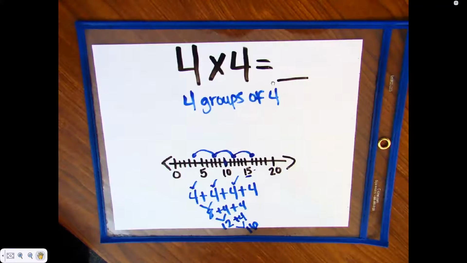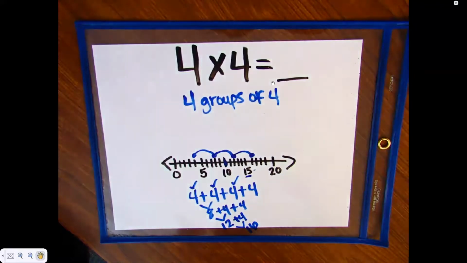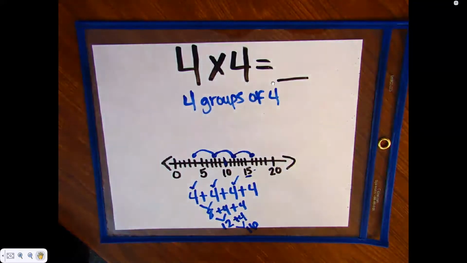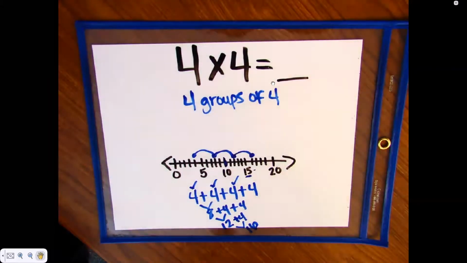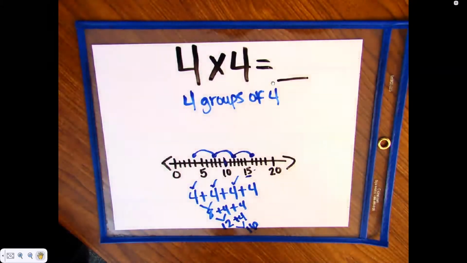What's a number you could skip count by? 3. Okay. We could do 3s. What's another number you could skip count by? 5s. Okay, you could skip count by 5s. What's another number you could skip count by? You know a number. 9.